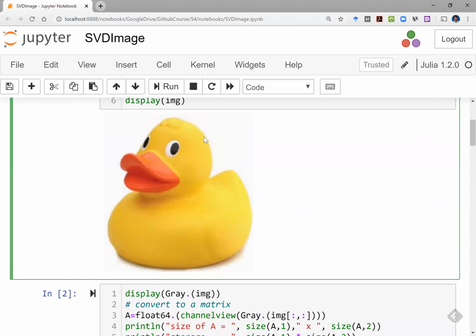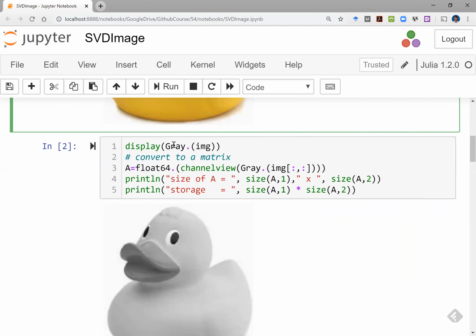So what is a colored image? It depends on the representation, but it's not really a matrix. There are the red, green, blue channels, so at each point is a vector. That's not good. Let me convert that to grayscale, say. So it is really just showing how bright this point is.